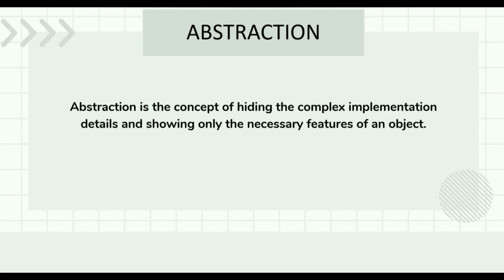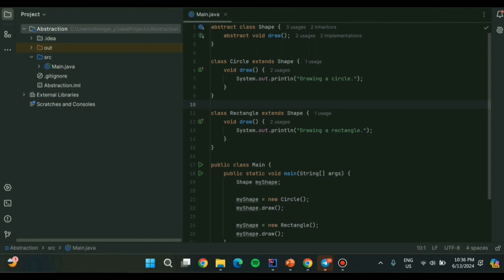So next up is abstraction. Abstraction is the concept of hiding complex implementation details and exposing only the essential features of an object. It can be achieved using abstract classes and interfaces in Java. So let's go ahead and see a simple example. Here we have a simple code to demonstrate abstraction.